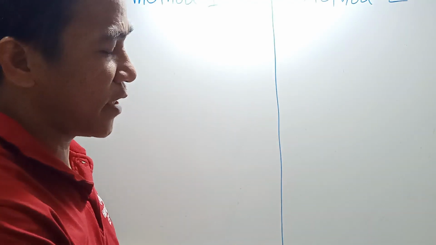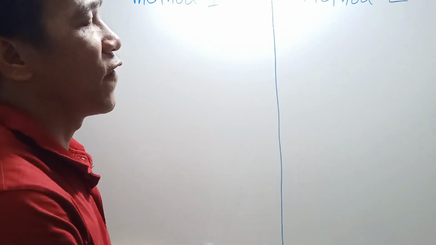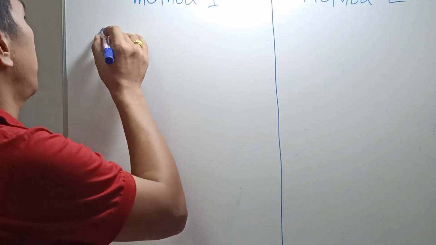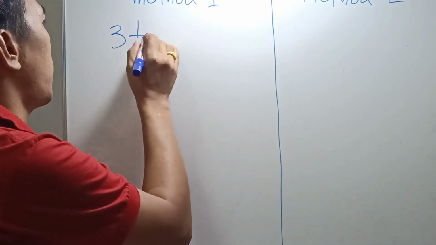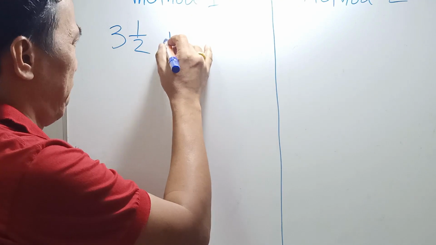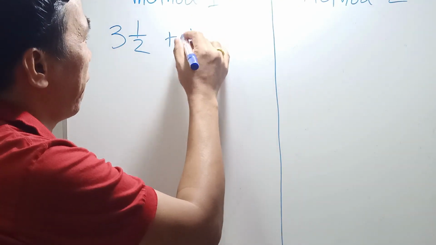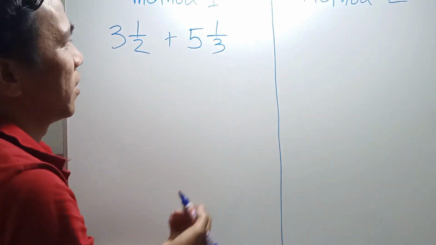Alright, so let's take the last example for adding mixed numbers. Let's say you have 3 and 1/2 plus 5 and 1/3.